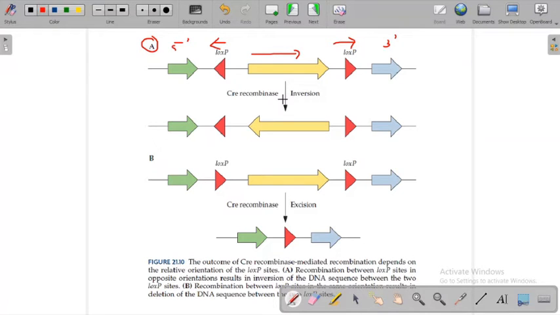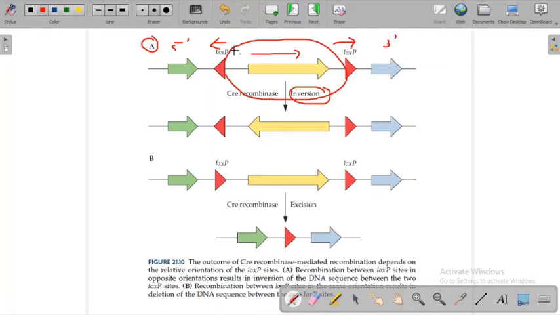Now what will happen? The Cre recombinase will come, cut its LoxP site, join this LoxP site and cut, and after the exchange, there will be an inversion of the molecule.